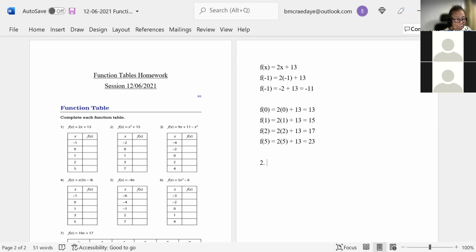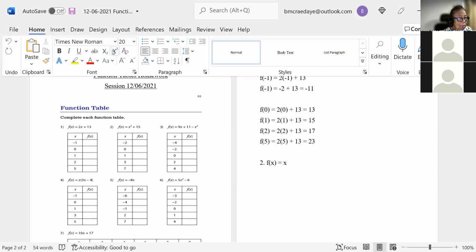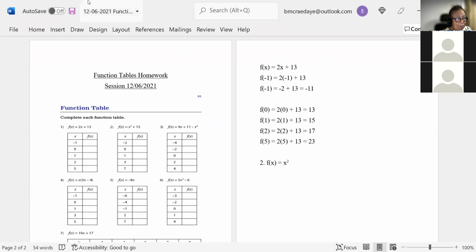And our function is f of x equal, and that's x squared. So let's put our power there. That's x squared. All right. And let's put x squared plus 15.